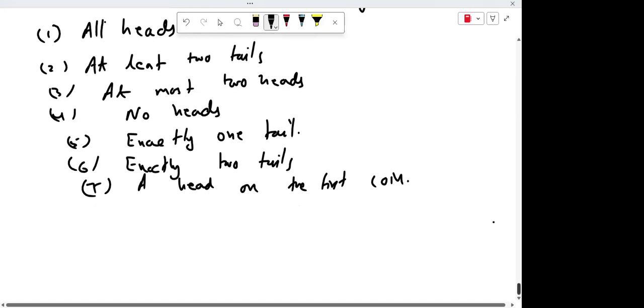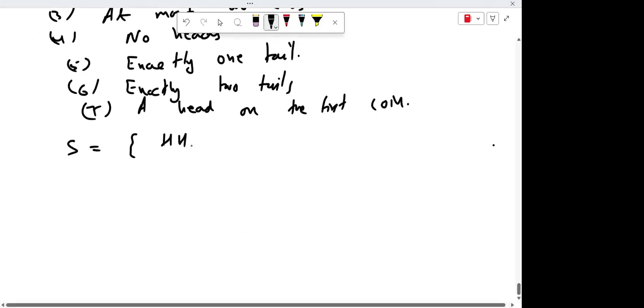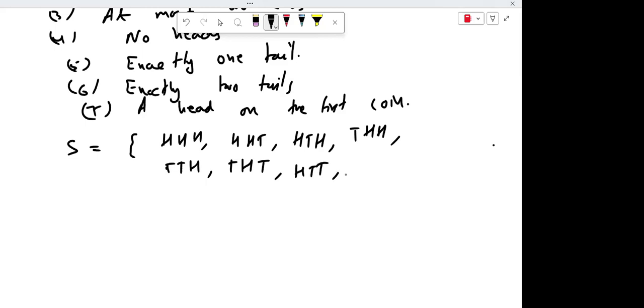Okay, the sample space here is HHH, HHT, HTH, THH, TTH, THT, HTT, and TTT.